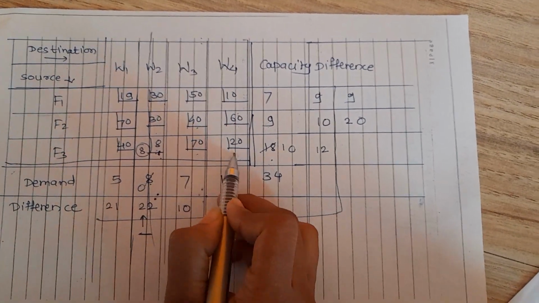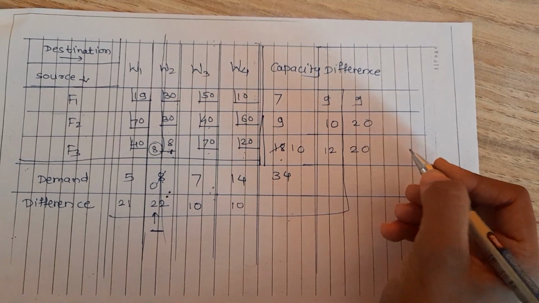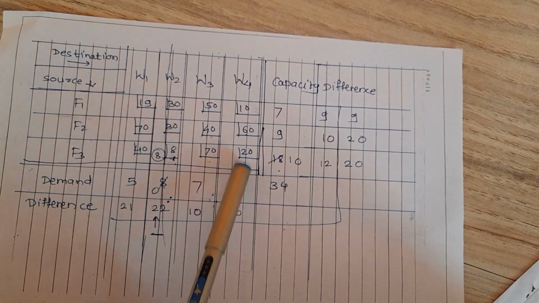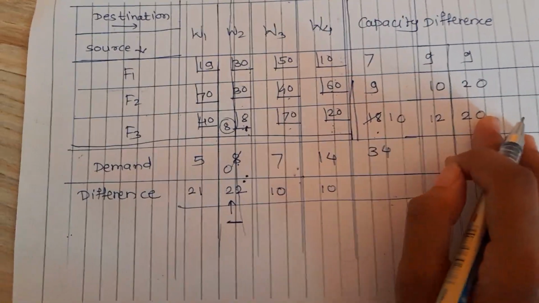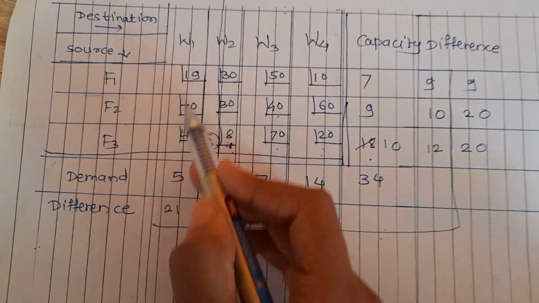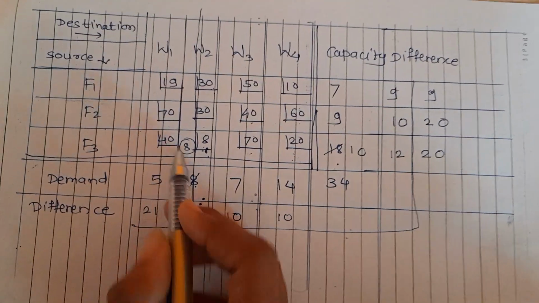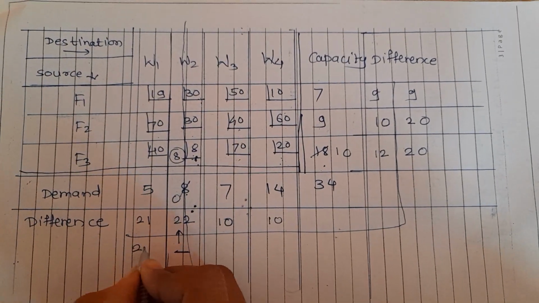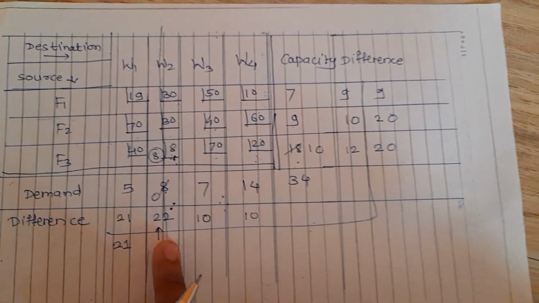Now 40, 70, 20: the difference between the minimum values is 20, therefore write 20 here. Same for the column 19, 70 and 40: the minimum two values are 40 and 19, therefore write 21 here. Now this column does not take part in the next step.